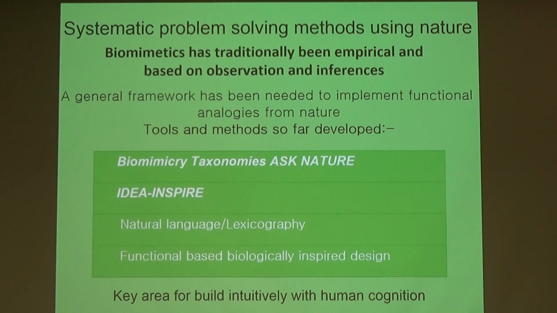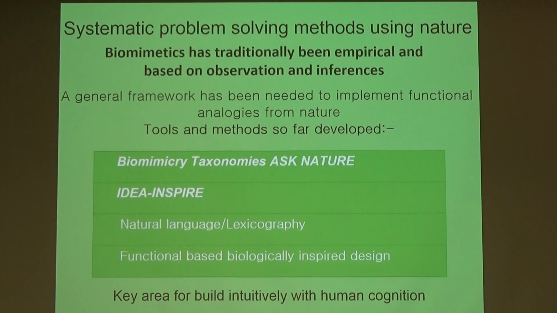So there's a number of these which are based on mathematical set theory and all this kind of thing. There are simple ones called biomimicry taxonomies, which is like just a big database. So all the facts from nature are put into a database. Every kind of observation, every kind of solution, every kind of function is put into a big database.